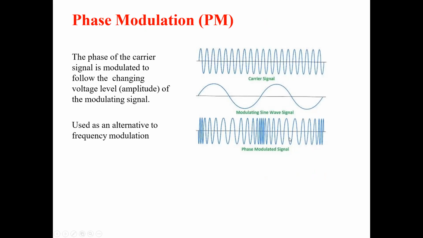Here the intermediate waves are there, means what? We are encoding the signals. We are encoding the high voltage, low voltage according to the phases and amplitude of the modulating signal. This is our analog to analog transmission.